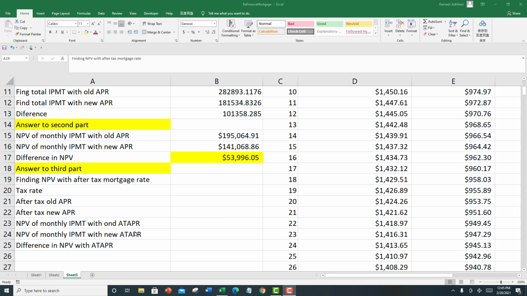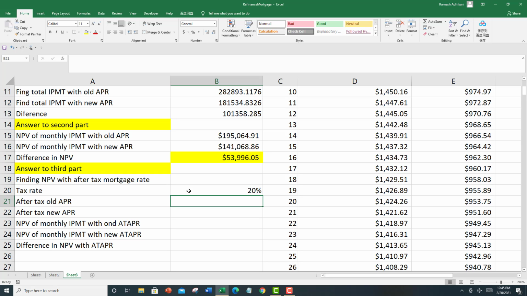In the third part of the question, it asks us to find the present value of this interest saving using the after-tax mortgage rate. So how do you find the after-tax mortgage rate? I have a video if you want to understand it better, but let's assume that the tax rate is 20%. So how do you calculate the after-tax APR?